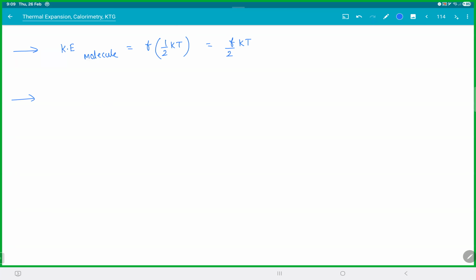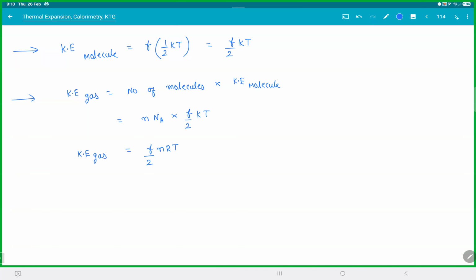Now the kinetic energy of a gas will be the total number of molecules into the kinetic energy of the molecule. Total number of molecules is n moles into Avogadro number, and this is f by 2 kT. Na into k becomes nR, so the formula becomes f by 2 nRT. This is the kinetic energy of the gas.